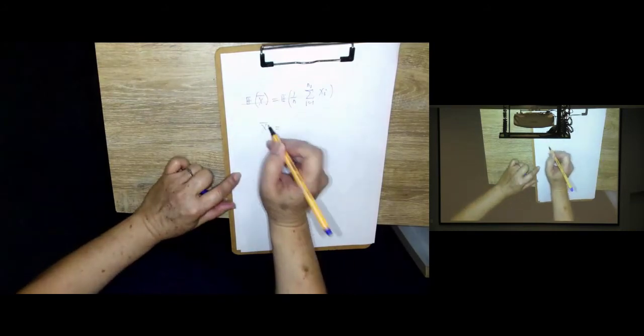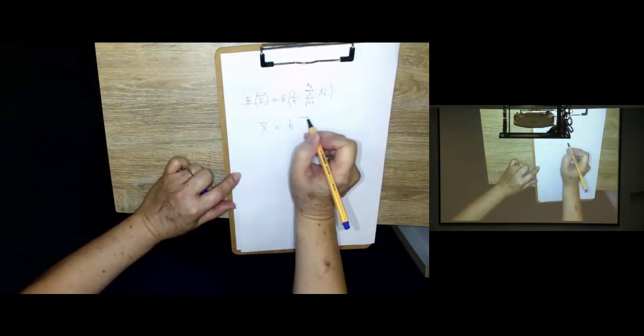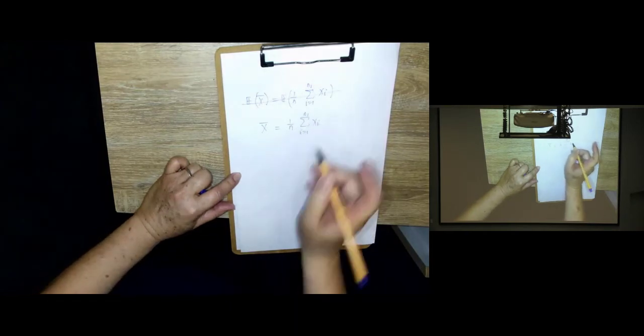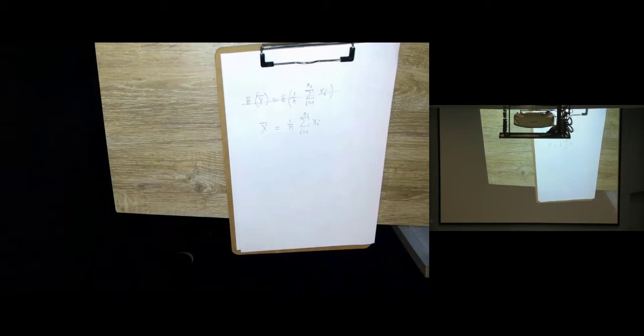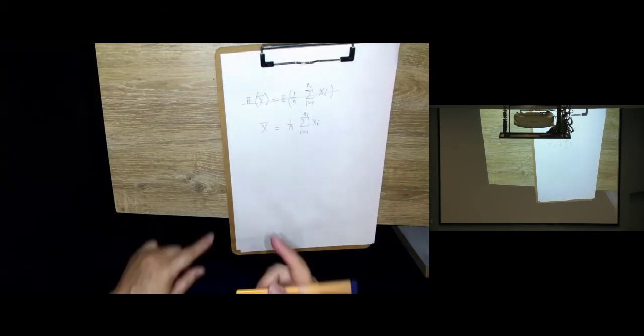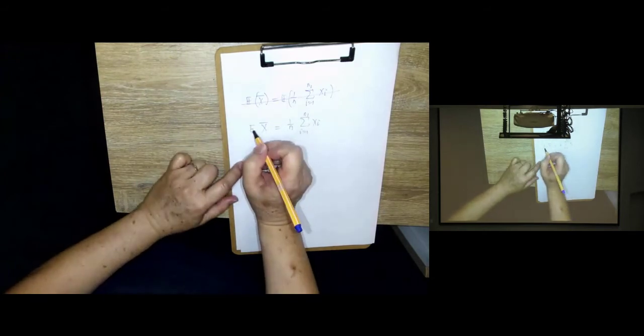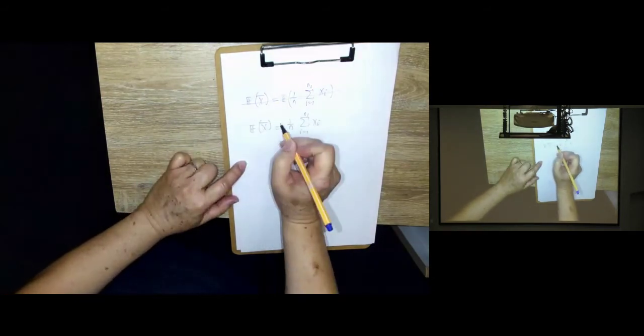So let's try again. This is our definition, the sample mean. As a result, you are interested in finding the expectation of this. So you take expectation on both sides.